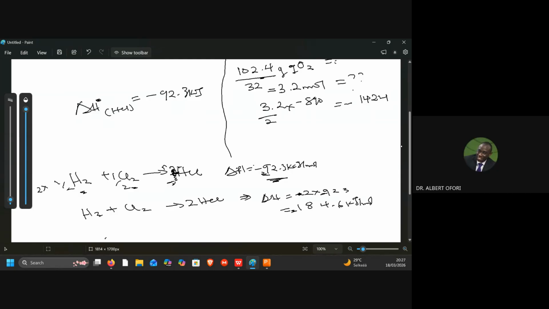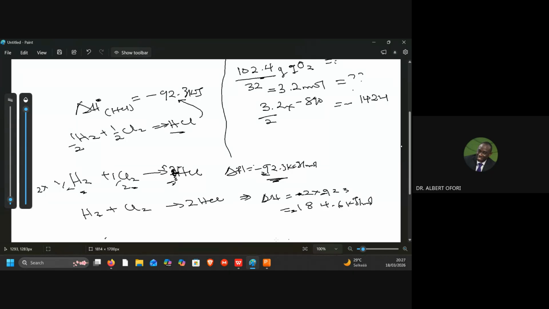So the standard HCl is going to give you 1 mole of HCl. If I want to write so that I'll get 1 mole of that, that's how we multiply by 2.